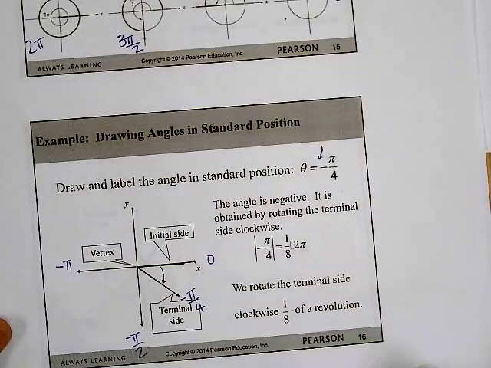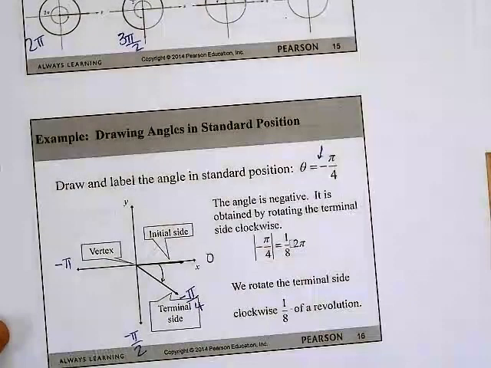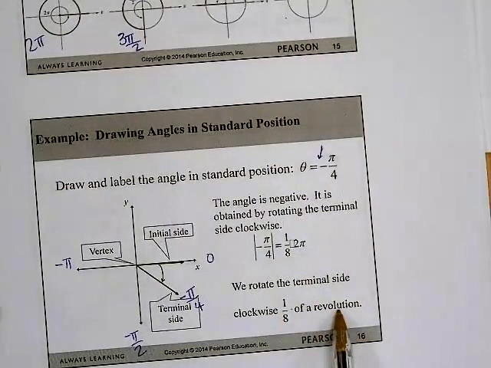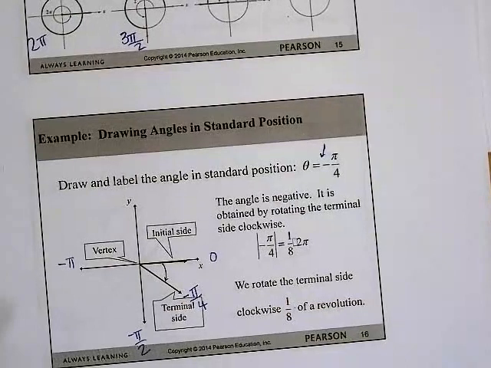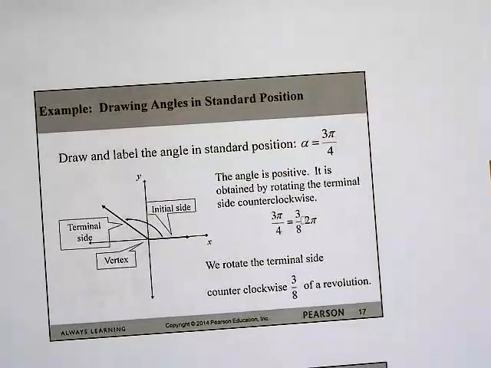So it's going to be about, I always think in degrees, even though I'm working in radians, it's about 45 degrees going backwards. We rotate the terminal side about 1/8 of a revolution. Since it takes 2 pi to go all the way around, and I'm only going 1/4 of the pi, I'm going 1/8 of the entire circle. Draw and label the angle in standard position.